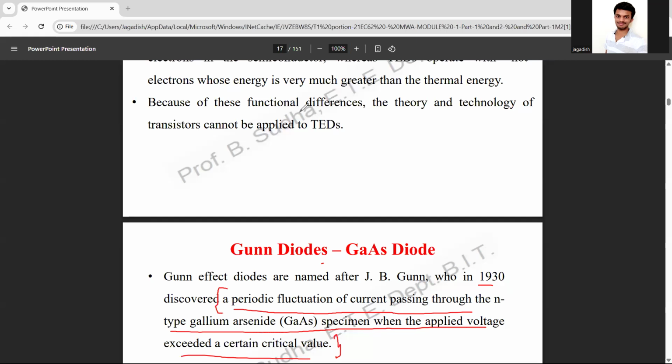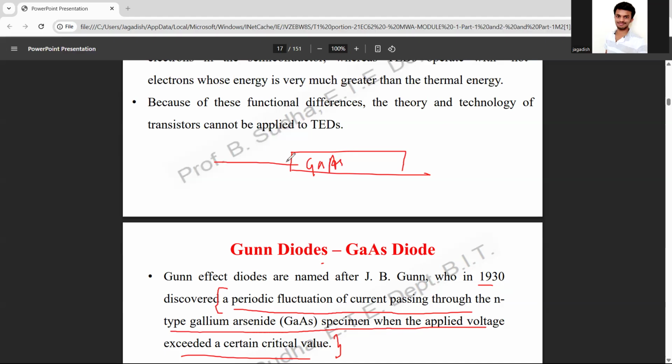Okay. Gunn discovered the Gunn effect in the year 1930, a periodic fluctuation of current passing through an N-type gallium arsenide specimen. So let us assume this is a gallium arsenide specimen. Whenever there exists a periodic fluctuation of current passing through the N-type gallium arsenide specimen when the applied voltage exceeded a certain critical value, don't just memorize it, understand.